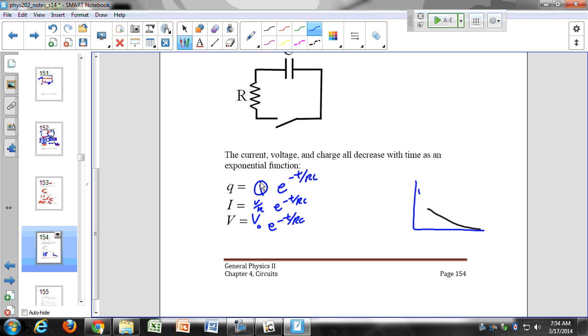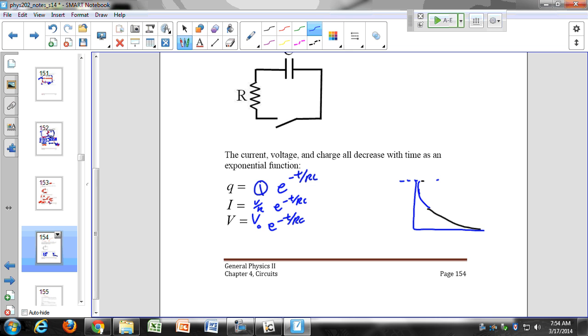It's an exponential function, and it all starts at some maximum value. Whether it be your maximum charge, which is Q equals CV, your maximum current, which is V of the battery over the resistance, or V of the voltage that's on your capacitor, divided by the resistance, and then our V naught, which is our voltage on the capacitor.